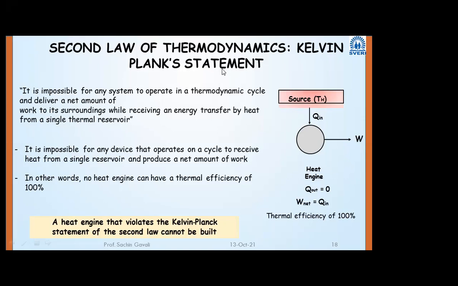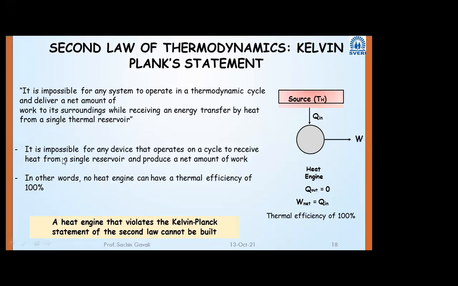Okay. So what is the Kelvin Planck statement? It is impossible for a system to operate in a thermodynamic cycle and deliver a net amount of work to its surroundings while receiving an energy transfer by heat from a single thermal reservoir.